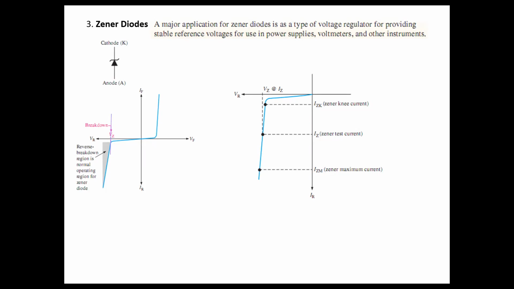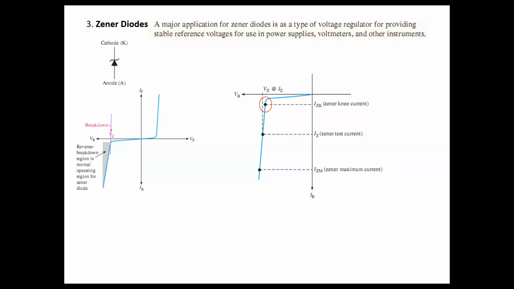We also have a few important data points in this characteristic curve of the Zener diode. This point we call the knee current. In order to use a Zener diode as a voltage reference, we need to maintain this minimum current through the Zener diode, IZK, the Zener knee current.